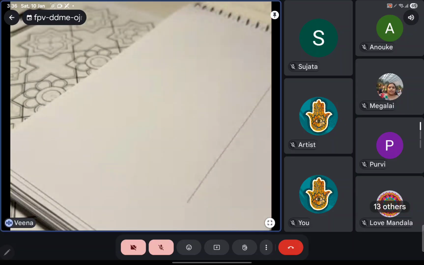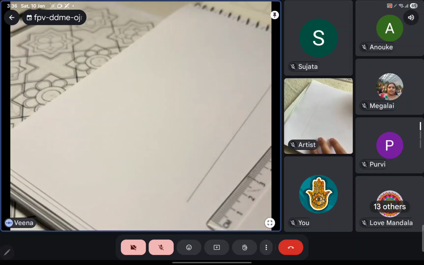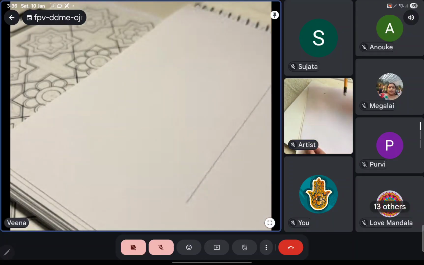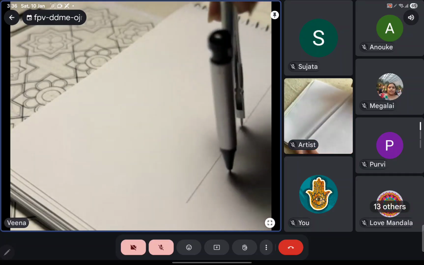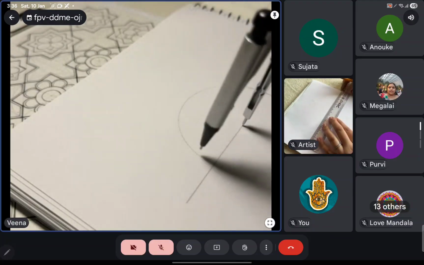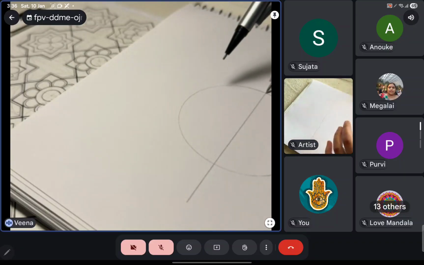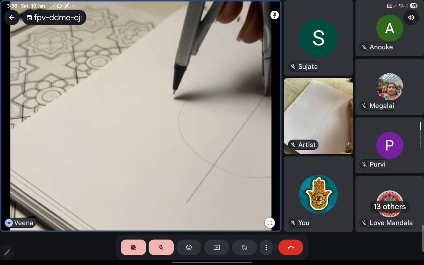Draw the straight line, 3.5 centimeter circle. Okay. And then place your compass here. Take a little more than your midpoint, almost 3/4.